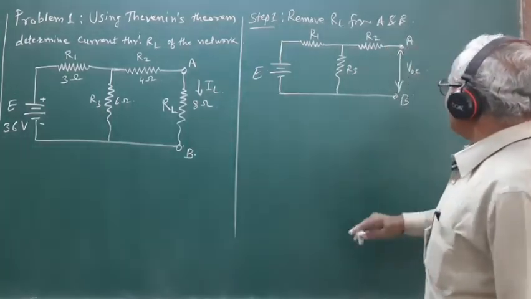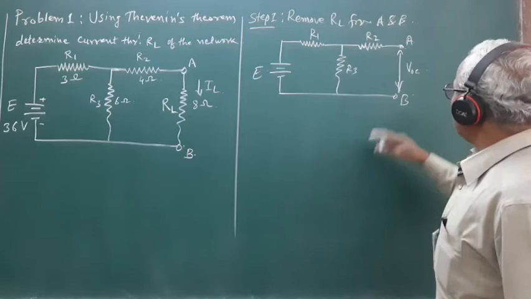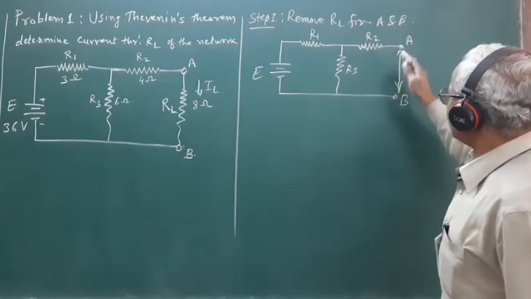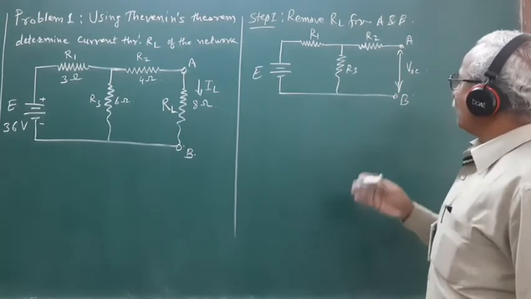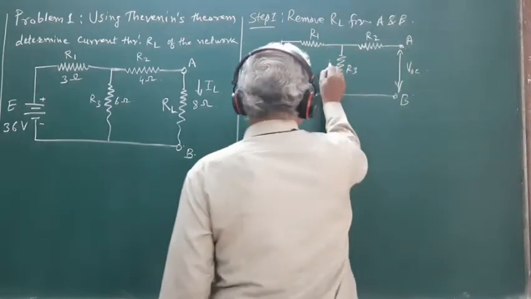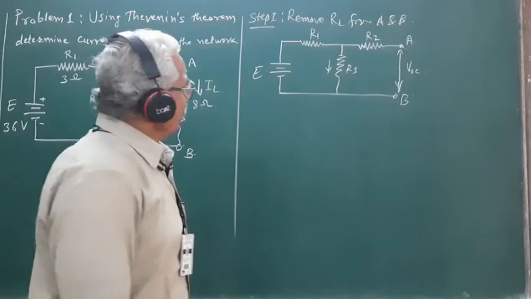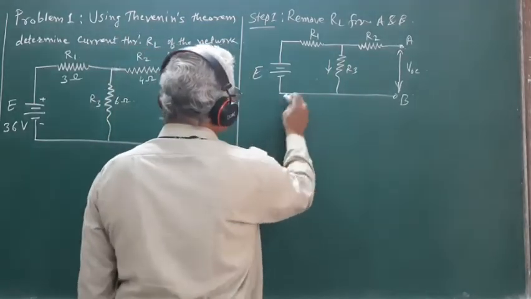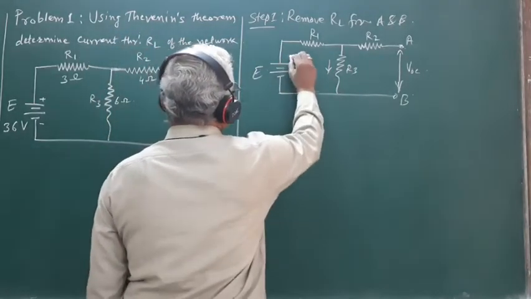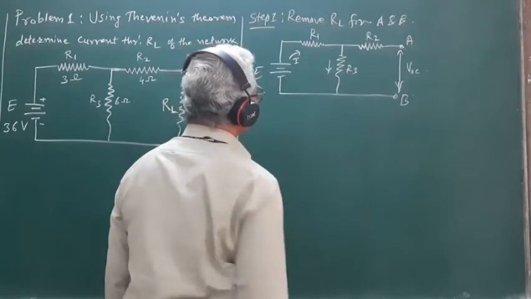In order to find out the value of VTH or VOC across terminals A and B, we must know the current flowing through this resistance R3. The current flowing through R3 is nothing but the total current I drawn from the source.